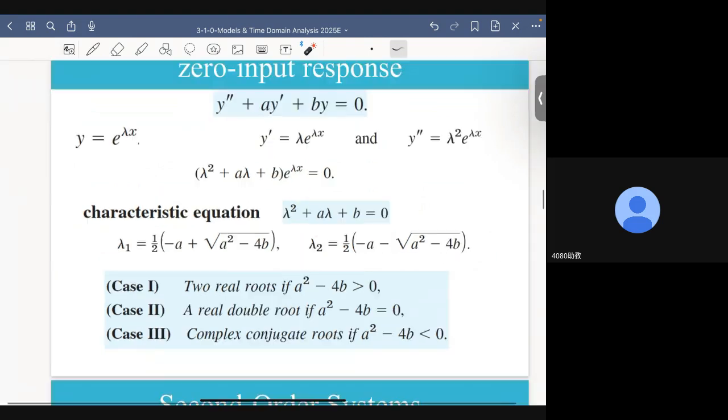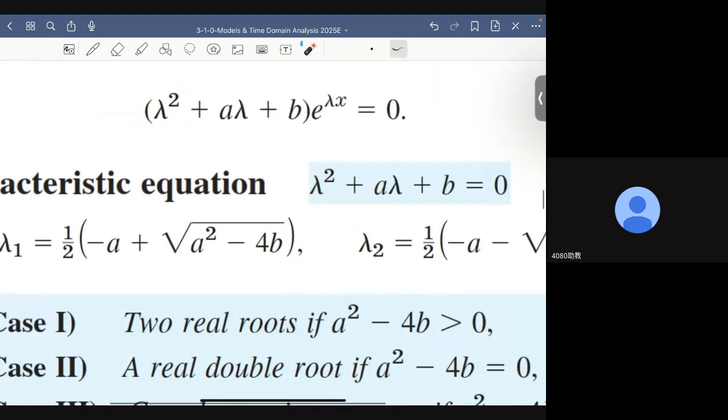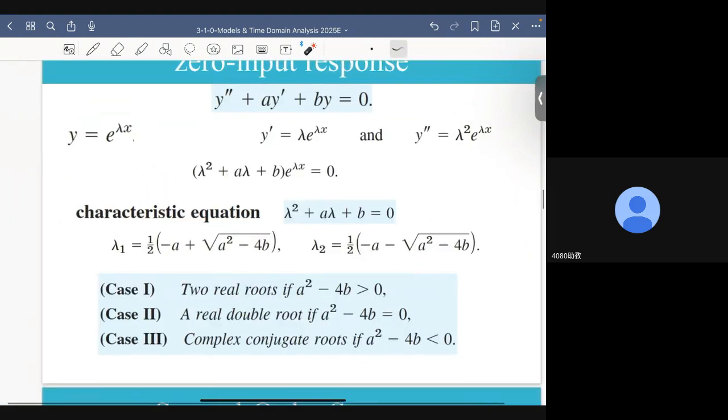And based on whether or not the thing inside the square root is positive, negative, or zero, the nature of these eigenvalues can be classified into 3 different cases.